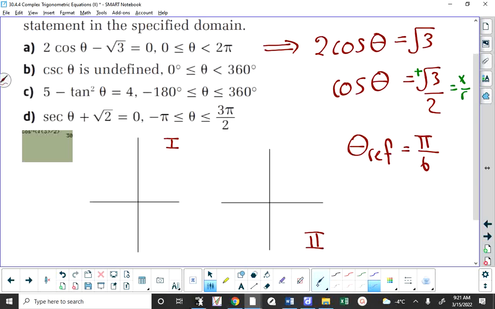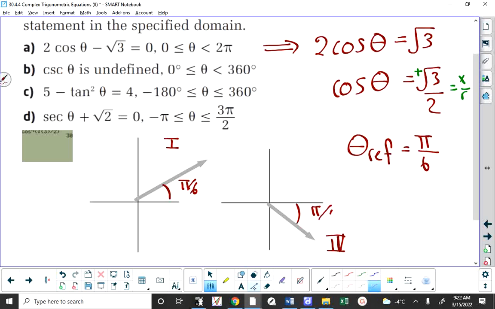So we sketch a terminal arm in quadrant 1 with a reference angle of pi over 6 rads. We sketch a terminal arm in quadrant 4. I'm not sure why I wrote 2 there. This is 4. We sketch a terminal arm in quadrant 4 with a reference angle of pi over 6 rads.